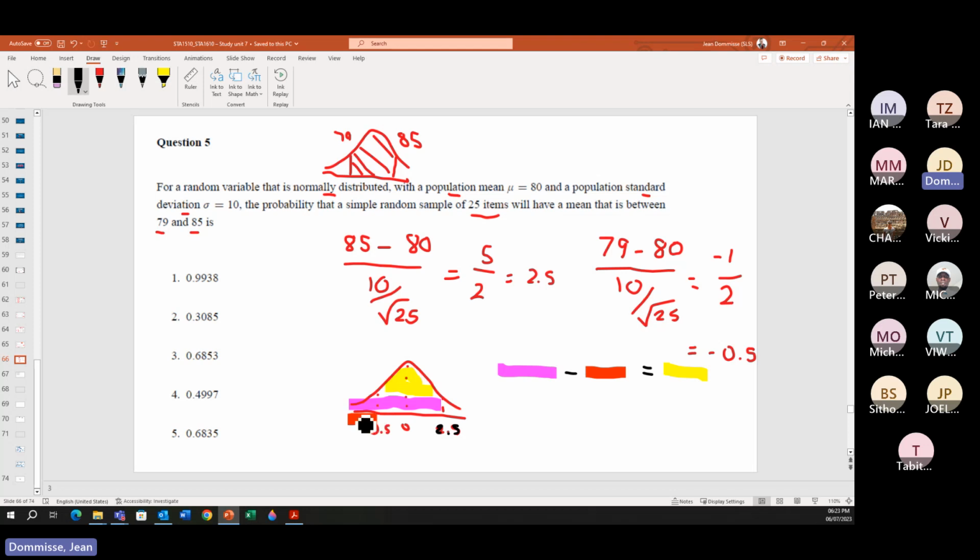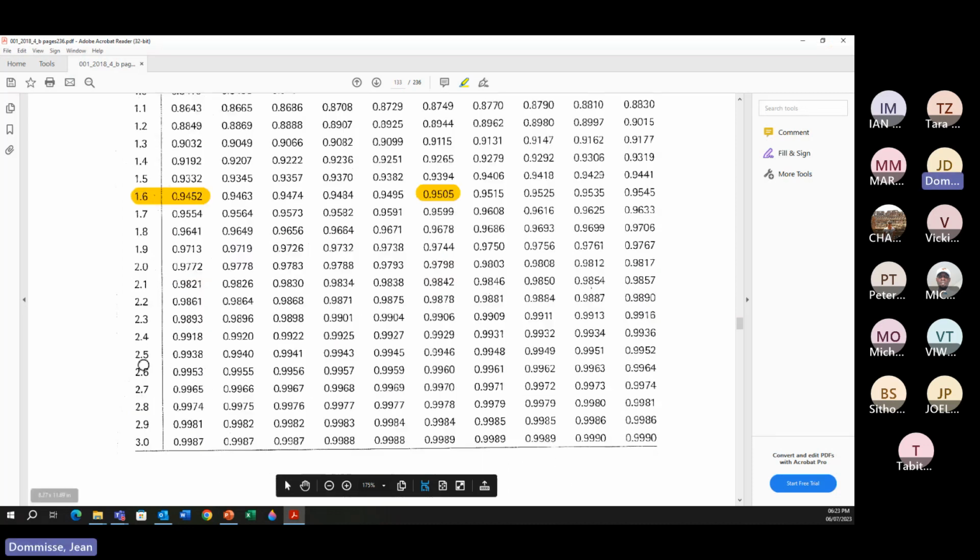That smaller area, the red area, we can get from the negative table. If I subtract those two, I'm left with the yellow that I'm looking for. So let's see if that will work. Let's go to the positive table, 2.5. If we look at 2.5, 0.9938.